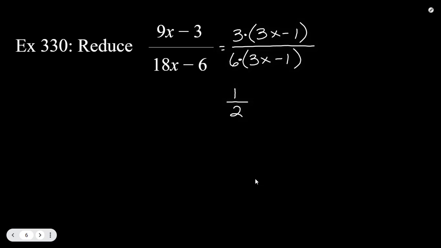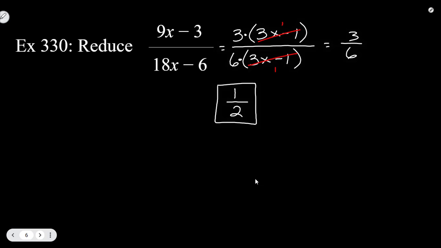And then notice in this case, since these are the same, top and bottom, they can cancel out to be 1s. Sorry, on the top you'd have 3 times 1. On the bottom you'd have 6 times 1. And then when we reduce that like we did before, you get 1/2.